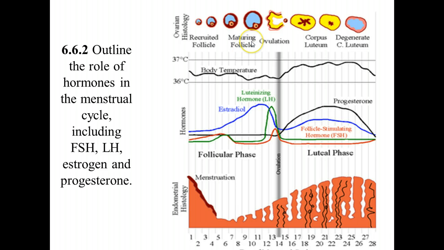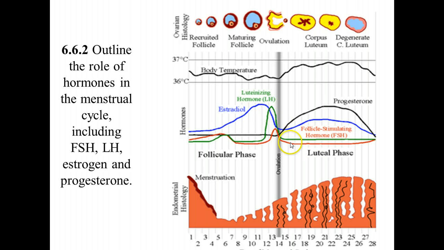So follicle stimulating hormone develops this follicle within which an egg is found. The luteinizing hormone releases that egg from the follicle and then destroys the corpus luteum. Luteinizing hormone destroys this old follicle immediately after ovulation. So we see this spike here and then an immediate decrease.